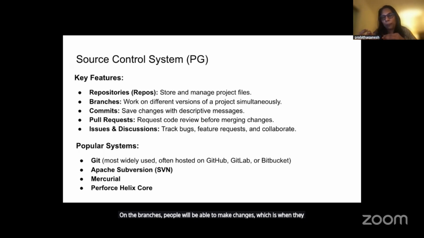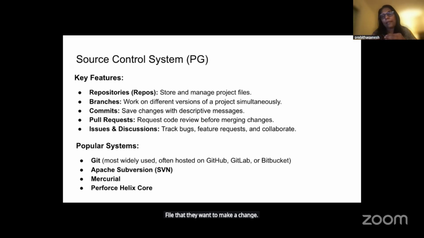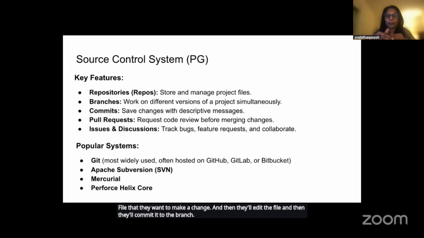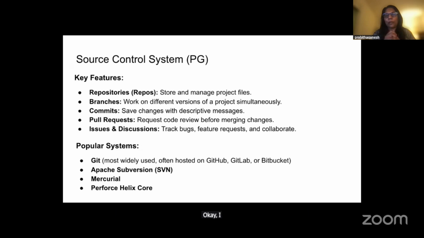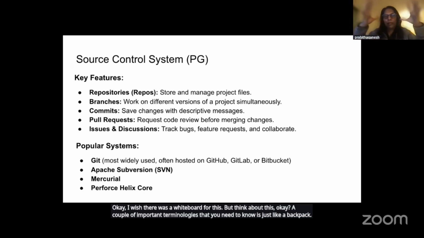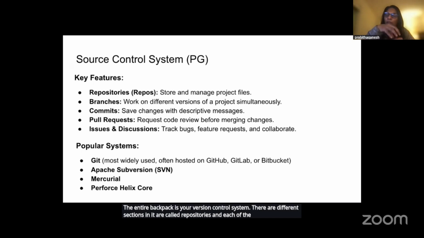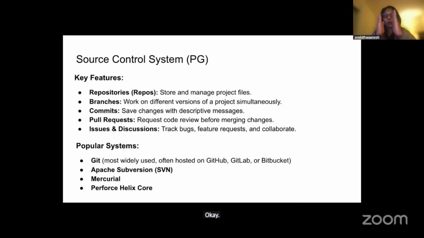So there's a trunk, the main tree, and then there are branches. On the branches, people will be able to make changes. When they make a change, they will pull whatever file they want to change, edit the file, and then commit it to the branch. I wish there was a whiteboard for this, but think about this. A couple of important terminologies you need to know: just like a backpack, the entire backpack is your version control system.